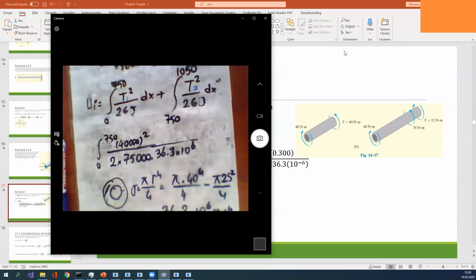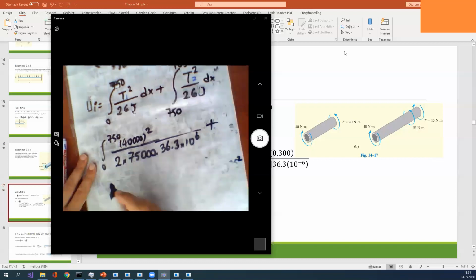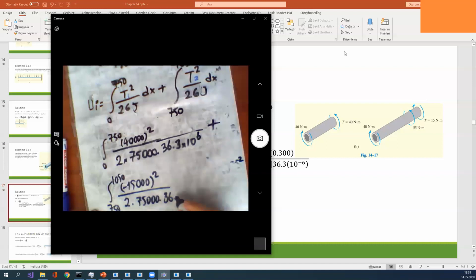This is the first part, plus, I want to go back to the second part, where T2 is from 750 to 1050, minus 15,000 squared divided by 2 times 7,500 times 36.3 times 10 to the power 6, like this.